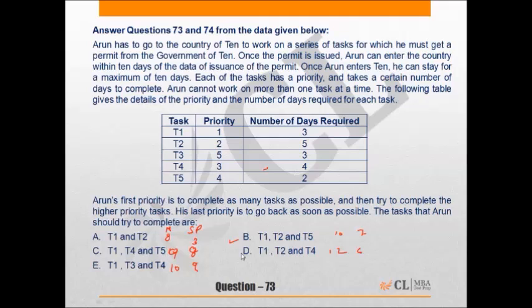So if we look at option C and option B, the total number of days taken to complete the three tasks in option C is lesser than in option B, but the sum of priorities in option B is lesser than that in option C, and as his last priority is to go back, here he should try to finish the three tasks given in option B.